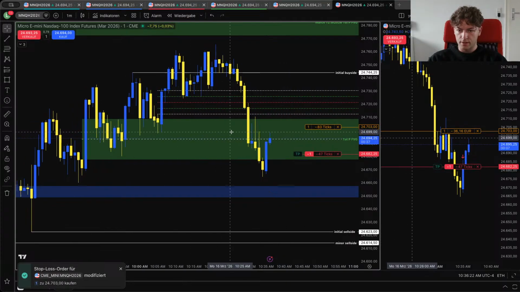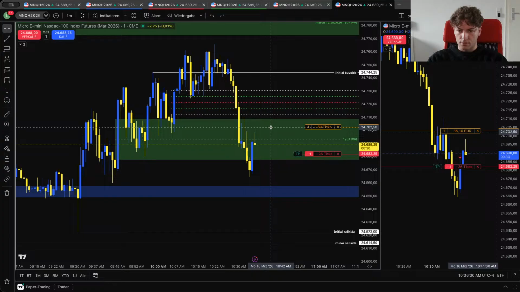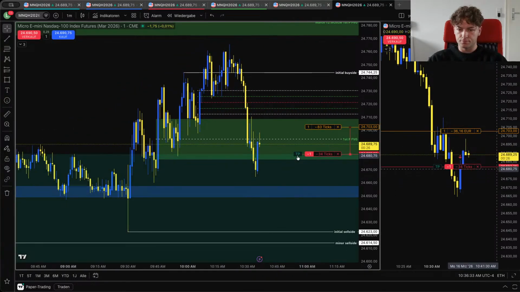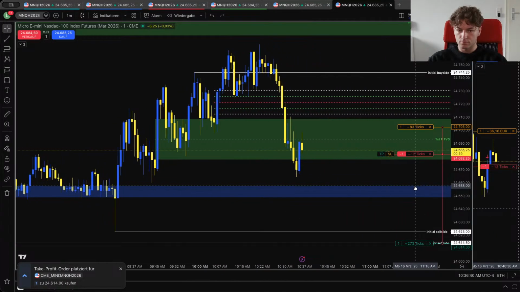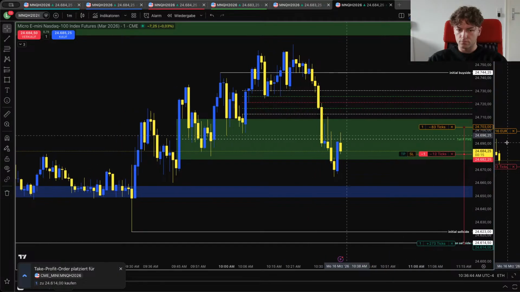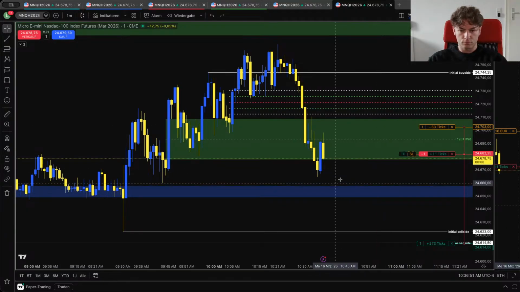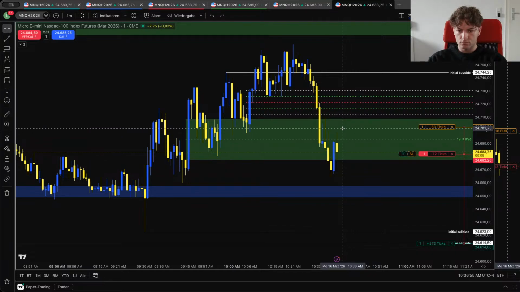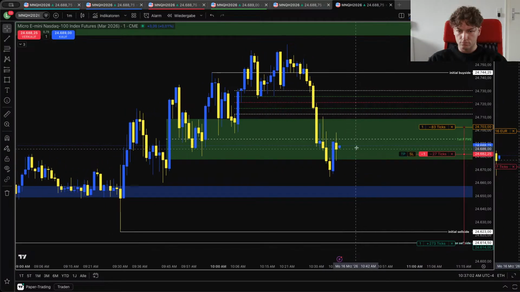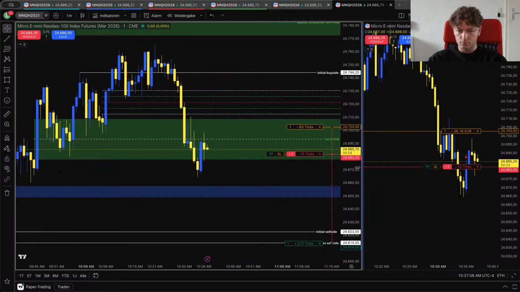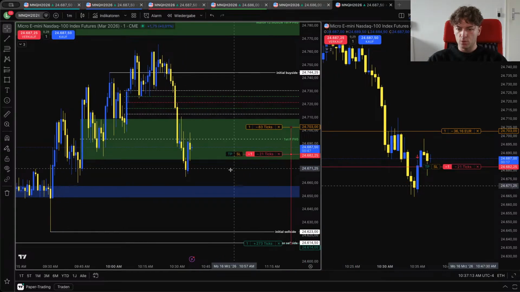It respects the midpoint of the first percent fair value gap for now. NQ was a little bit aggressive.